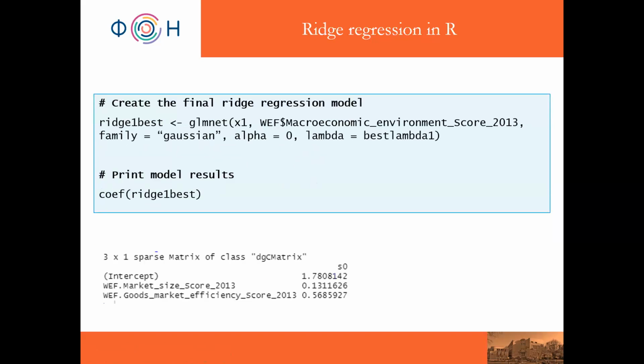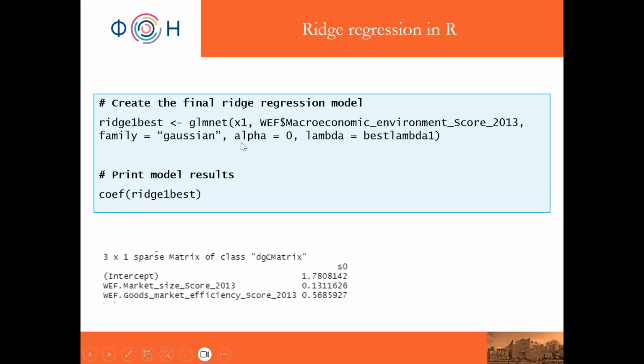Okay. And finally, we are conducting our ridge regression model. Here we're going to call it ridge 1 best, like the best one we have. We are again using glmnet. We have our matrix with our independent variables. We have our dependent variable.